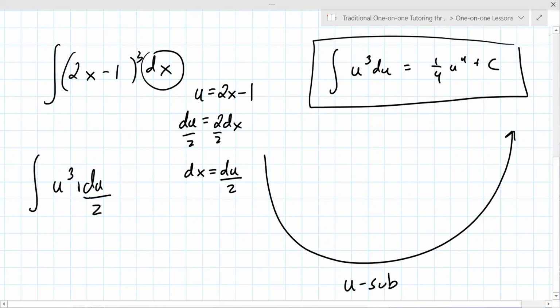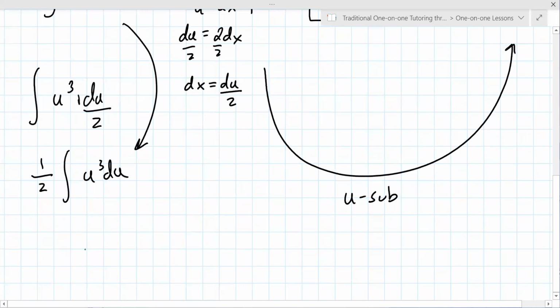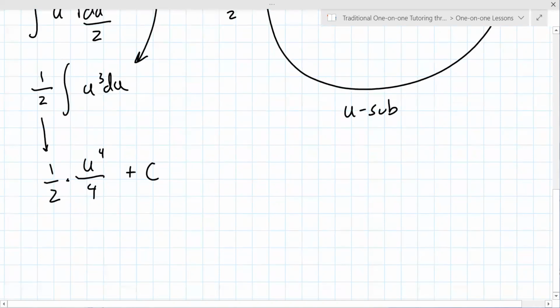Now this is really 1/2 here, so you write 1/2 integral u cubed du, and you're supposed to know how to do that. You follow that? Like, we turned this original problem into this one. Yes. Okay, so this is u to the 4th over 4 plus c, bring the 1/2 down. So that's u to the 4th over 8 plus c.